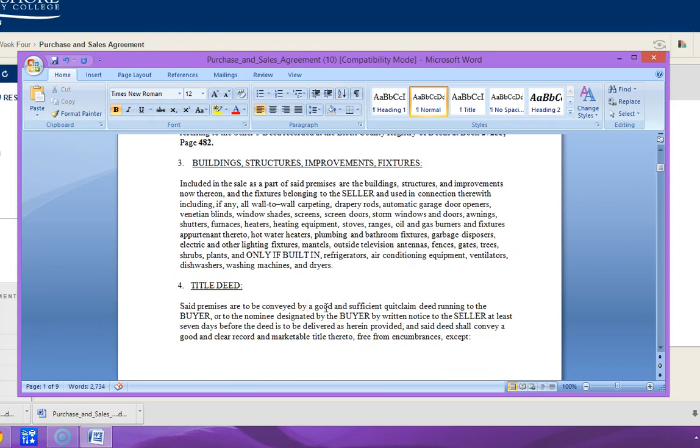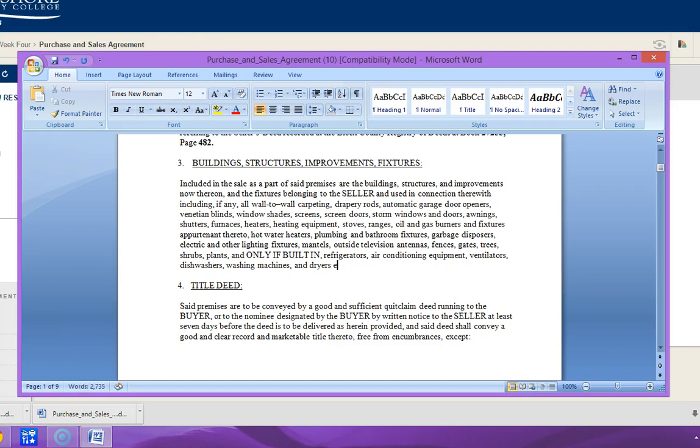Paragraph 3 talks about improvements and fixtures on the property. If you remember from Chapter 1, we talked about fixtures. Those are the things that are attached or fixed to the property so that they stay with the structure, if you will, and the real estate when it's sold.